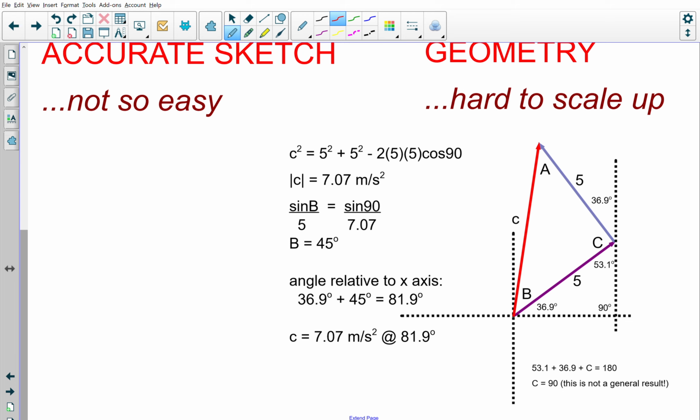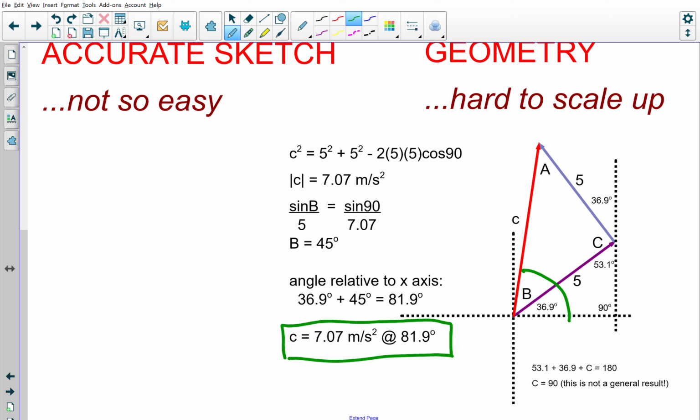So angle C, you figure this out. The resultant C up here, the red C, turns out to be 7.07 meters per second squared about. And its angle relative to the x-axis, so that's this angle right here, turns out to be 81.9 degrees.